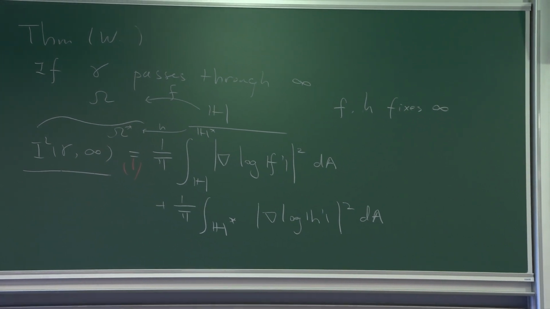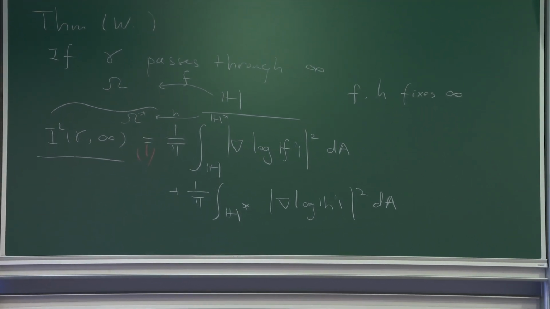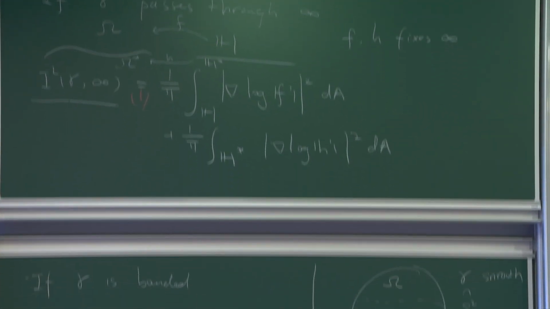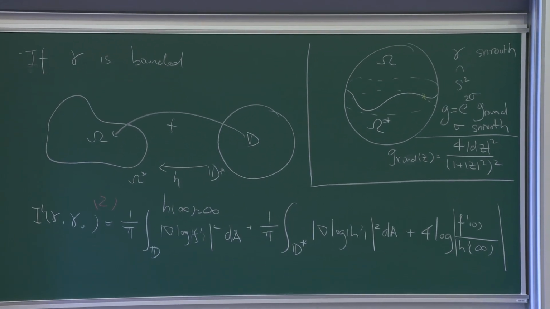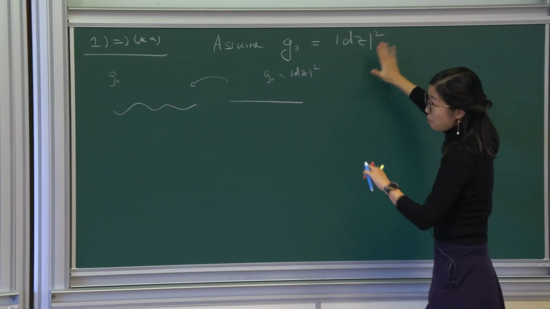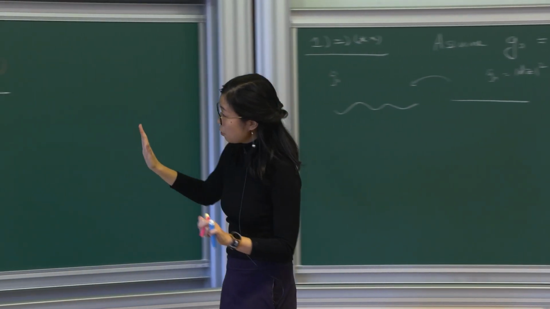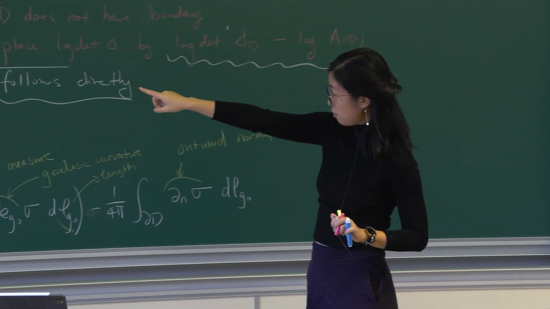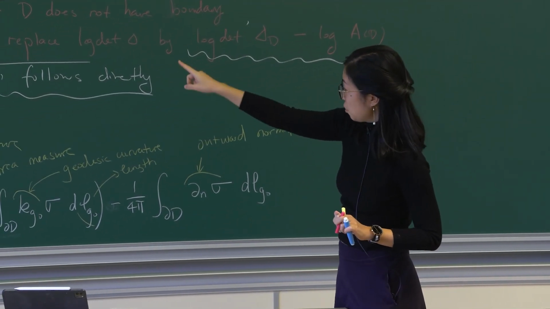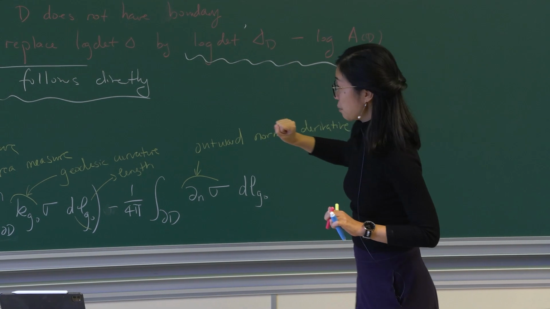This will be equation 2. A priori, I cannot do this because this metric doesn't make my sphere compact. There will be a few technical difficulties if we want to apply this. We even want to define this determinant of the Laplacian.